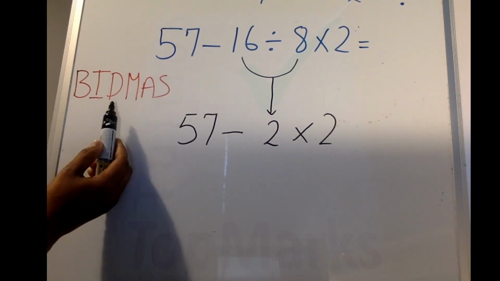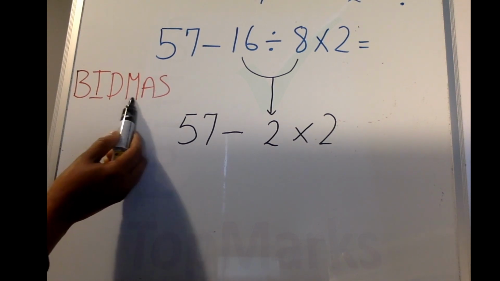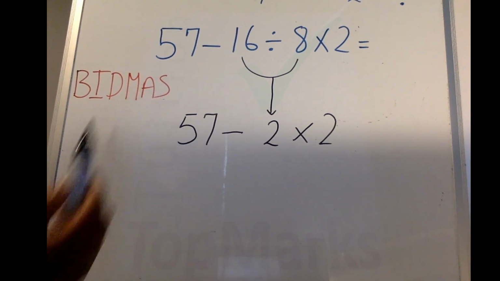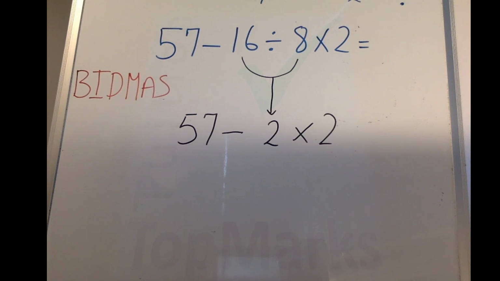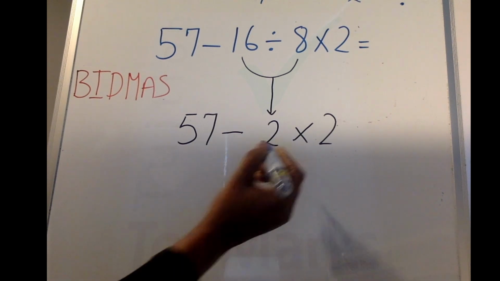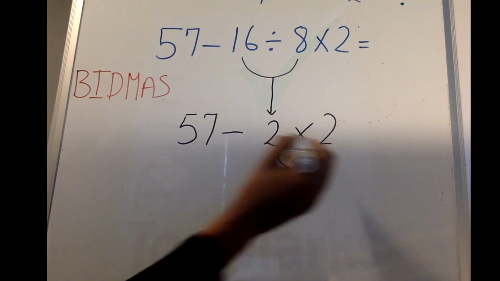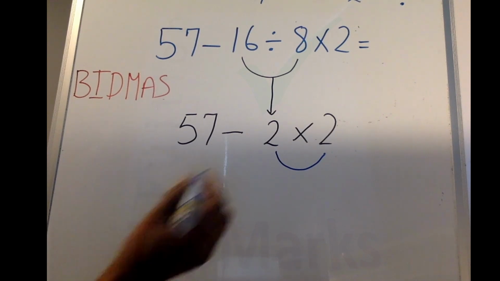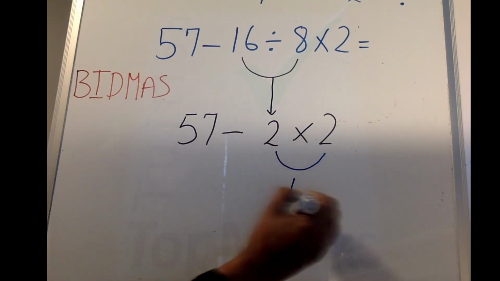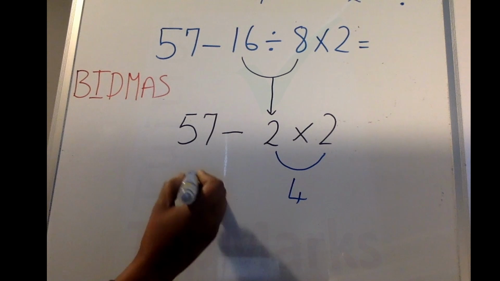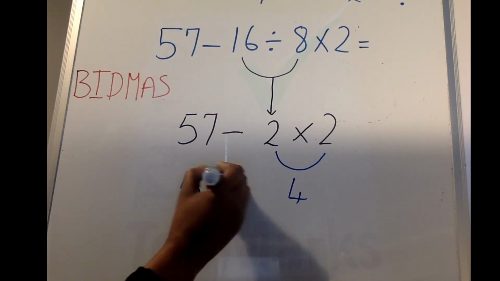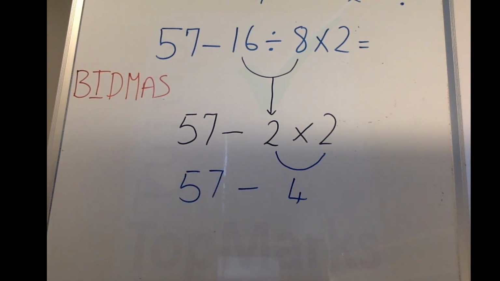According to BIDMAS, I do multiplication before I do subtraction. So the next step would be to do 2 times 2. 2 times 2 is 4. So the final step would be to do 57, subtract 4, and yes, you've got the answer.